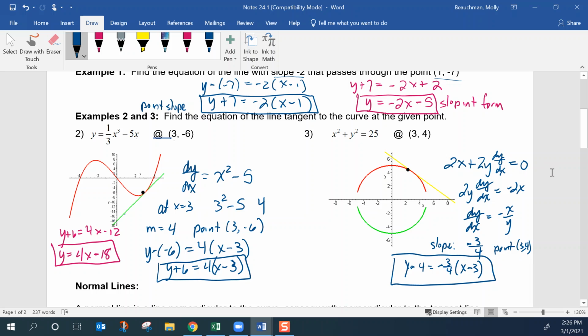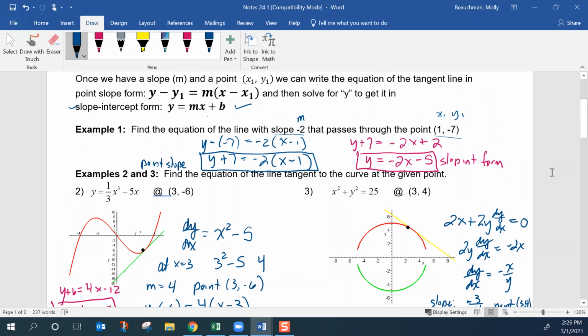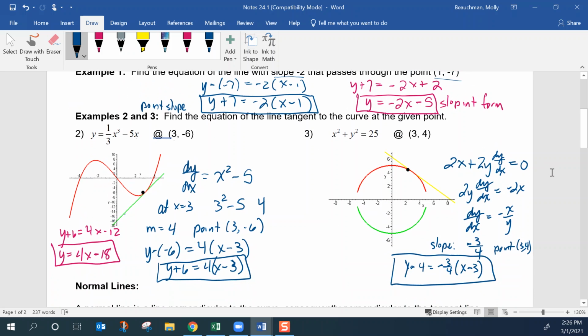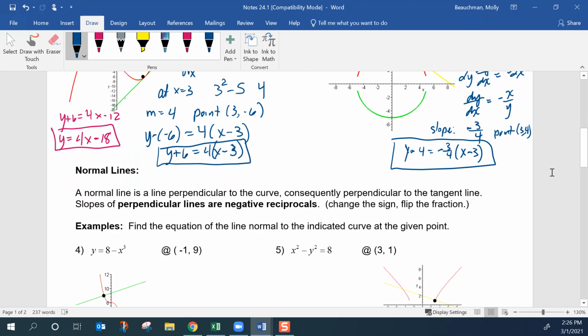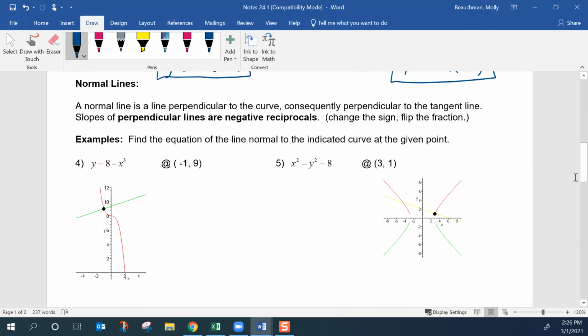So that's tangent lines. Now that you've found the slope, we can also use the given point and find the equation of the tangent line. Now we want to take a look at something called a normal line. A normal line is a line perpendicular to the curve, consequently perpendicular to the tangent line. If you remember from algebra, slopes of perpendicular lines are negative reciprocals.